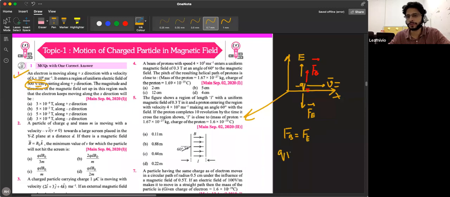Magnetic force is QVB sin 90, and electric force is QE. The Q will cancel with this Q. You can write that B is E by V only. So how much is E?